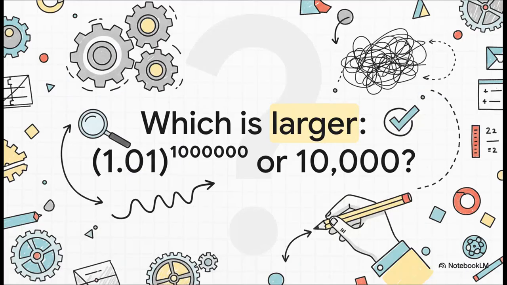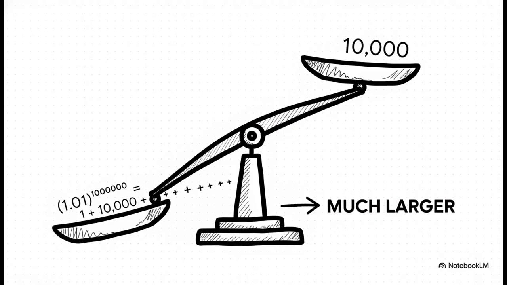Okay, now for a question that looks completely impossible. 1.01 to the power of 10 lakh versus 10,000. Which one is bigger? You can't possibly calculate that first number, right? But with the binomial theorem, you don't have to. Let's use our brain here, not just a calculator. We can write 1.01 as 1 plus 0.01.